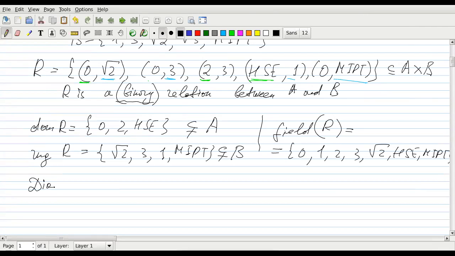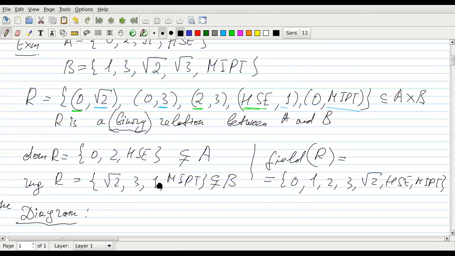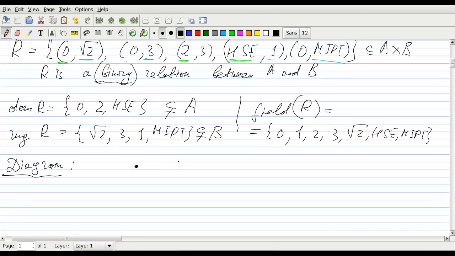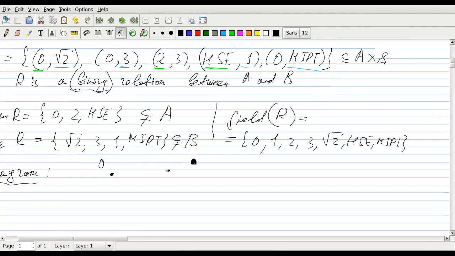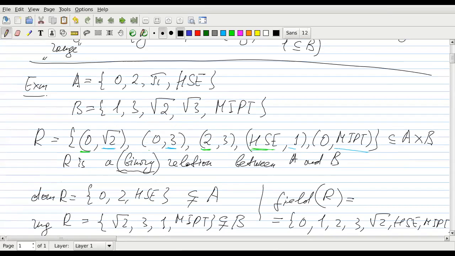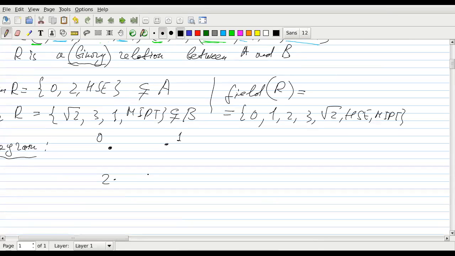But informally, the diagram is some drawing which might help us make the relation more vivid. Okay, what is the main idea? Let's draw some points in our plane, namely all points from the field, or maybe all points from A union B. It doesn't matter much.